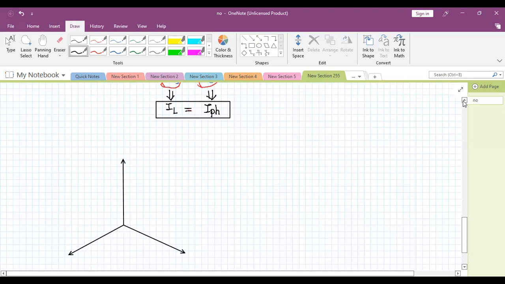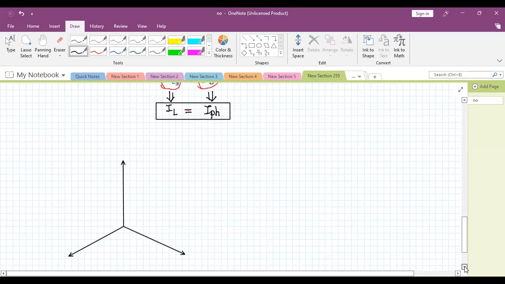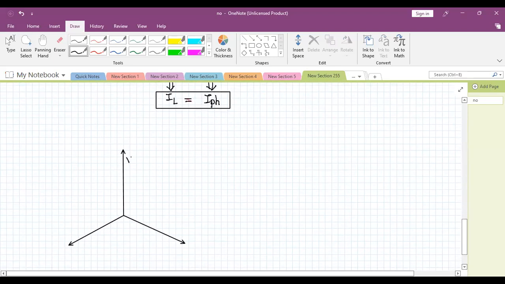Now consider that this is our VRN. At 120 degrees, this is my VYN. And again at 120 degrees, this is my VBN.